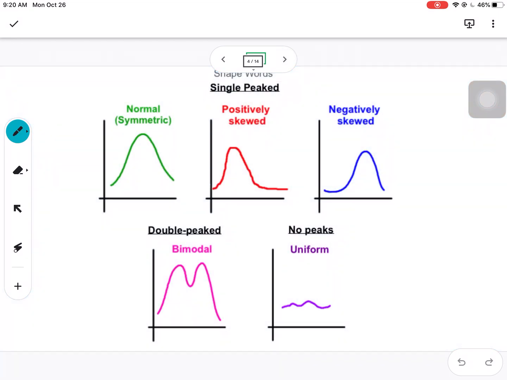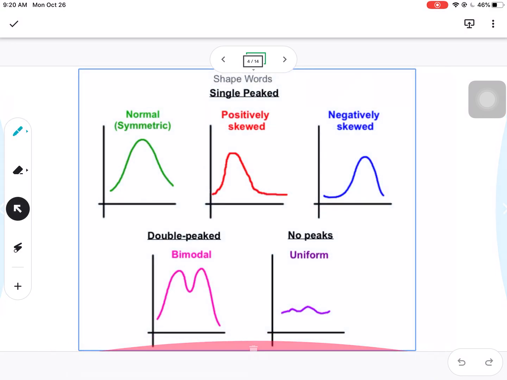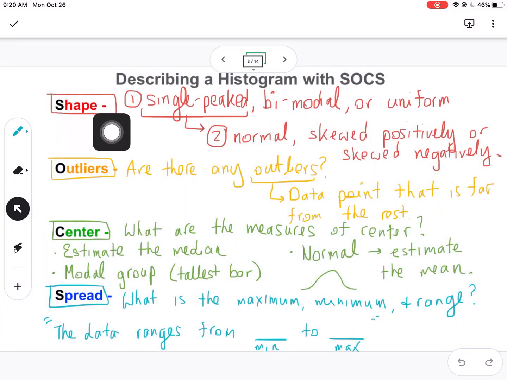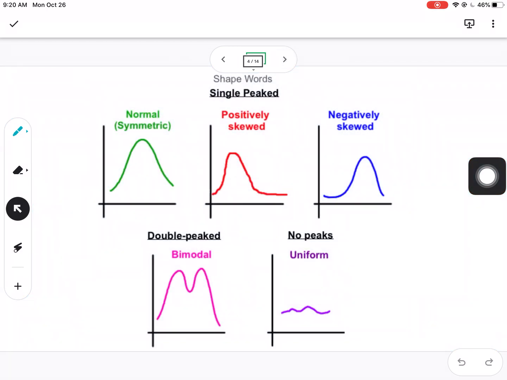Okay. The next thing that's important is, if we're looking at shape, remember we said that there's different types of ways that your graph might look. These are the different types of ways that your graph might look.